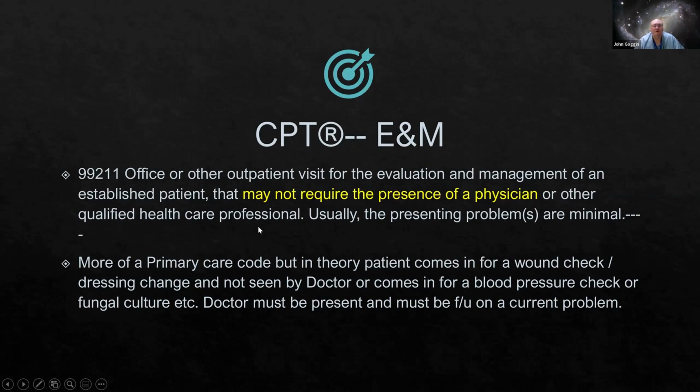It's not used very often by podiatrists or specialists in general. It may not even require that the physician be present when the patient is receiving the service. However, you must be in the office. It's something that is more of a primary care code.